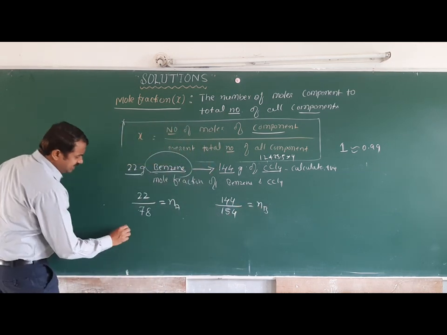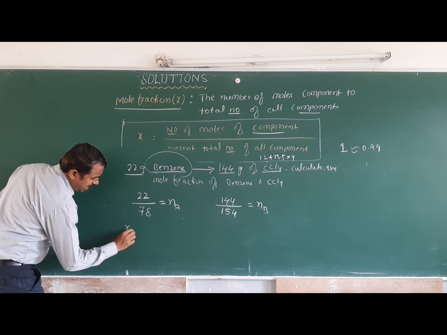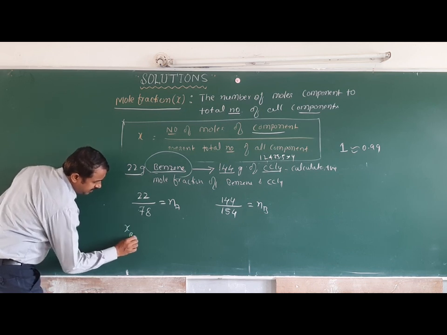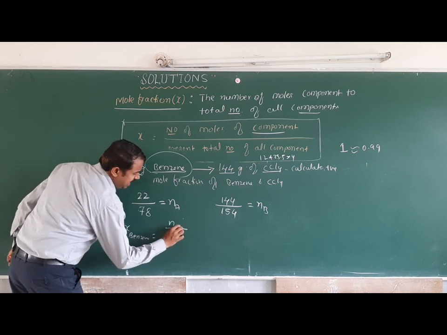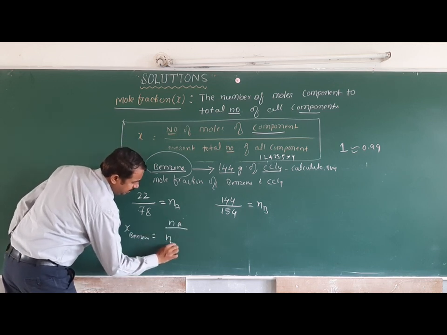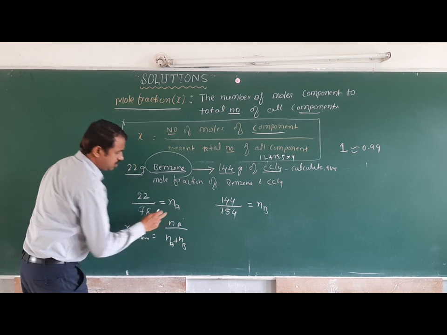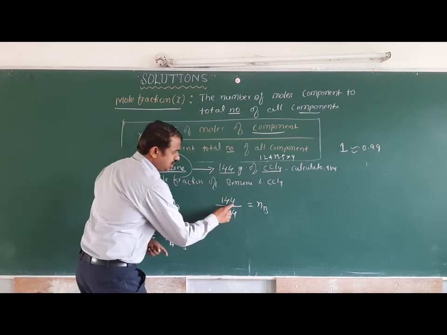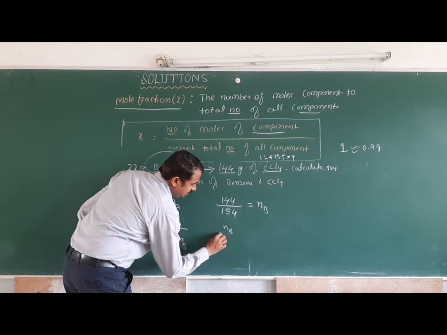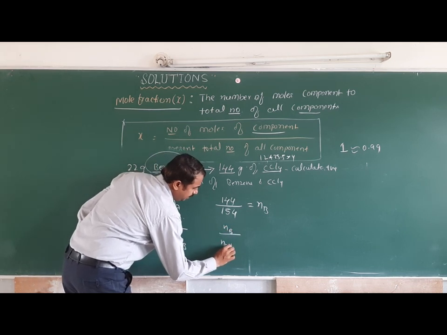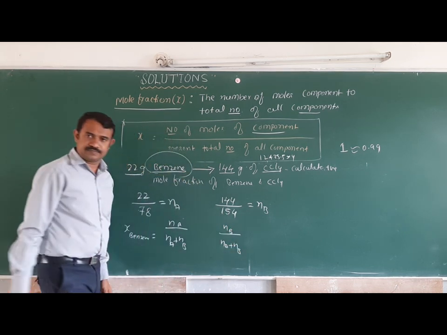Then you calculate the mole fraction of benzene equals Na divided by Na plus Nb, and the mole fraction of carbon tetrachloride equals Nb divided by Na plus Nb.